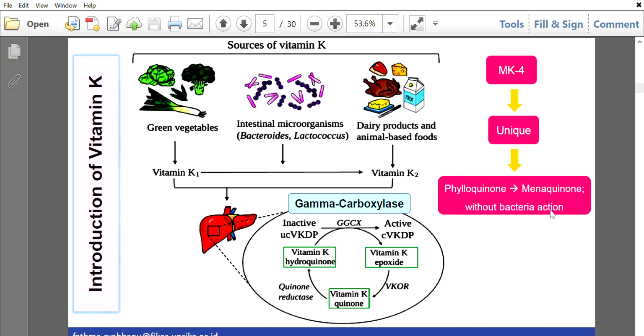Meanwhile, menaquinone 7, 9, 10, or 11, 12, 13 require bacterial action to produce their menaquinone.